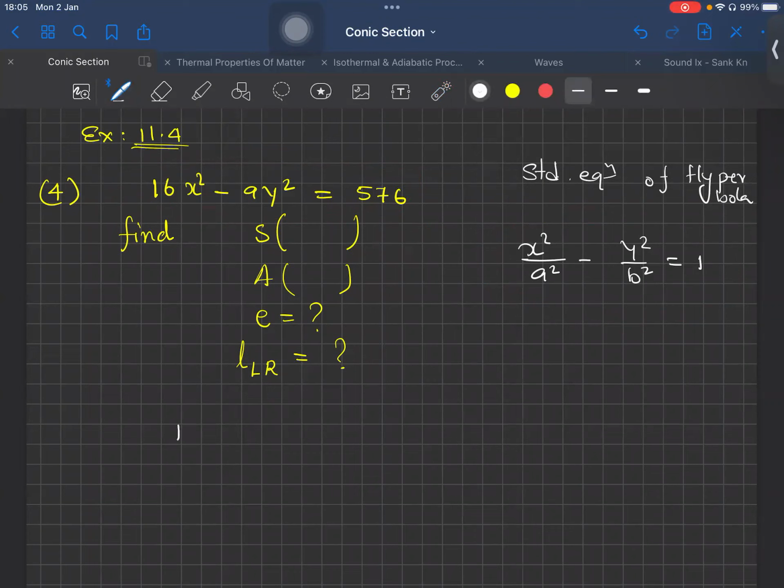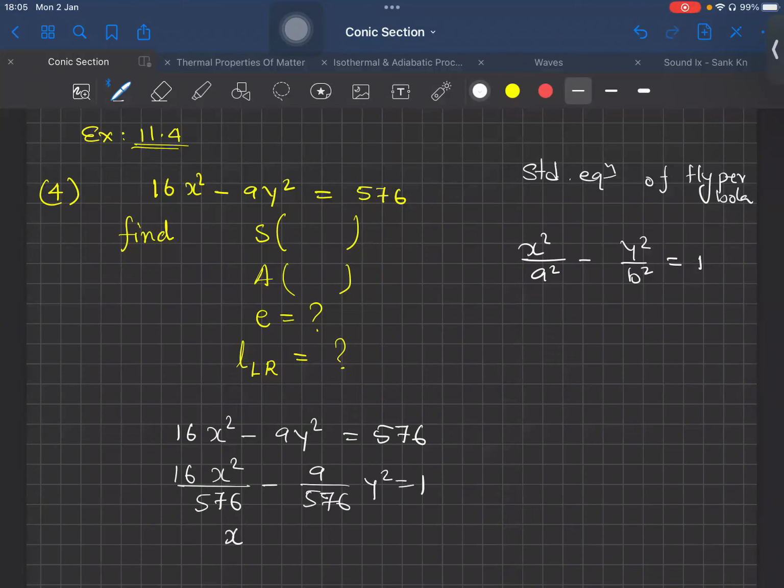See, your given equation is 16x square minus 9y square is equal to 576. Now on the right hand side, you need 1. So you divide the entire equation by 576. You get 16x square upon 576 minus 9y square upon 576 is equal to 1, right?